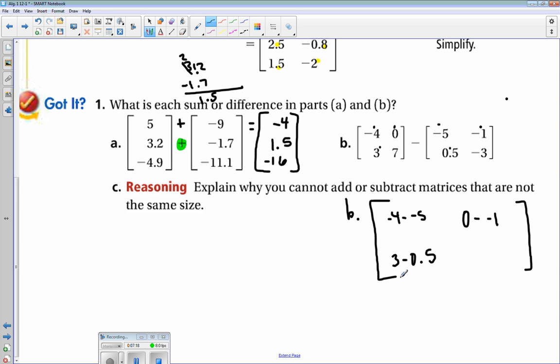All right, and then we should have 7 minus negative 3. And then we simplify all that down. Negative 4 plus 5 is 1. 0 plus 1 is 1. 3 minus 0.5 is 2.5. And 7 plus 3 is 10. And that's how we do it.